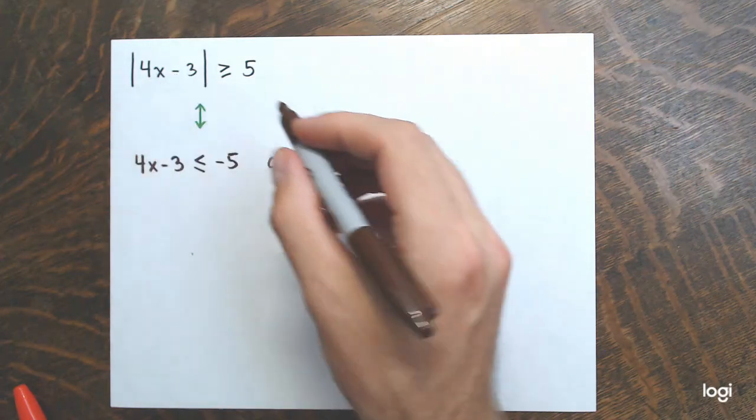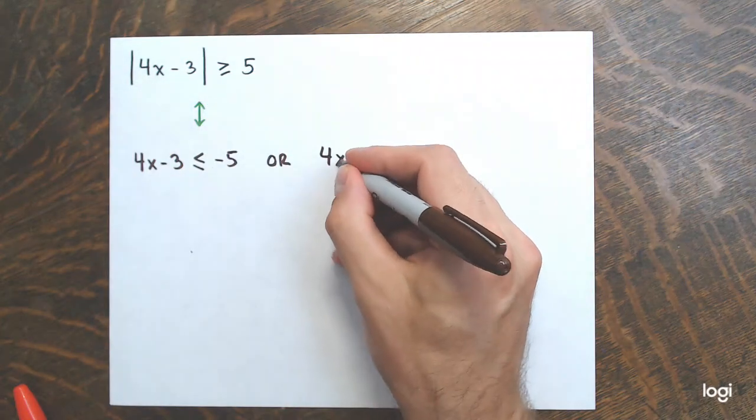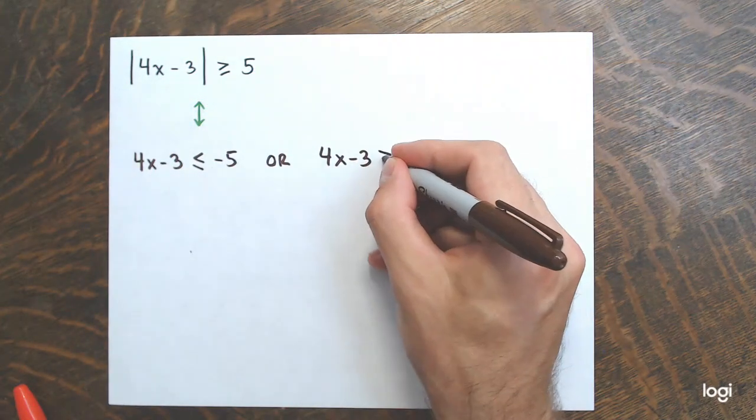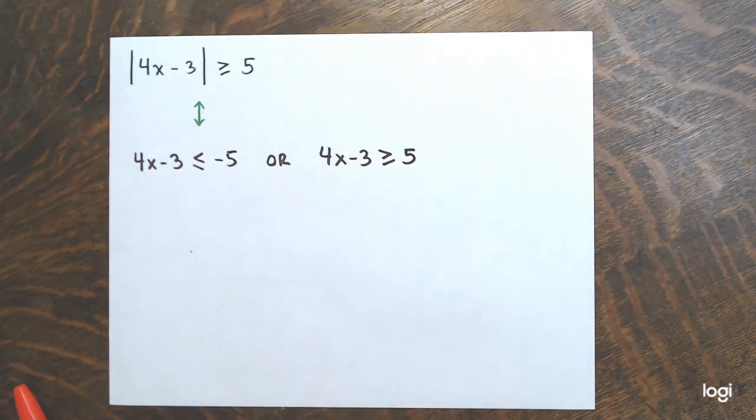So this expression inside the absolute value symbols, 4x minus 3, could be greater than or equal to +5. These are representing all the numbers to the right of 5. Right, more than 5 units away from 0 has an absolute value greater than 5, or again, or equal to 5.